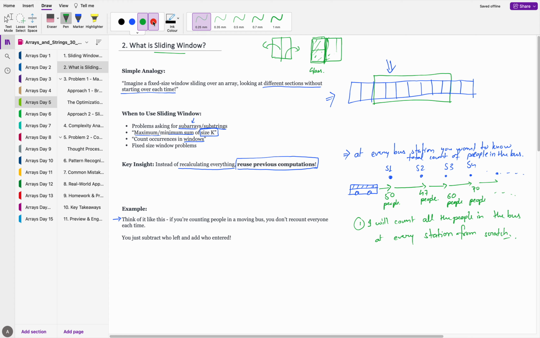So that means, note, not everyone leaves the bus at a particular station.